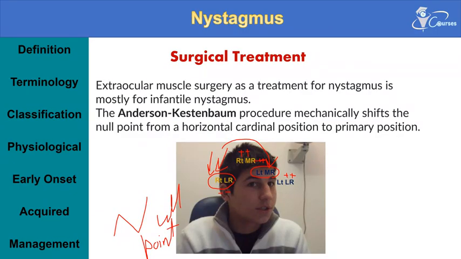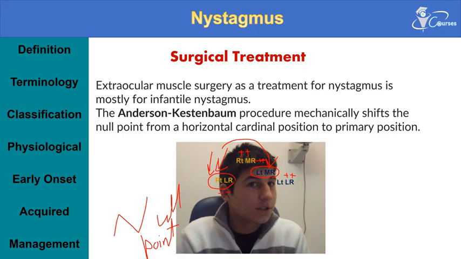This can be done by the Kestenbaum operation. It is based on the principle of recession and resection of the horizontal recti. So I will do recession of the right lateral rectus, causing its weakening, resection of the right medial rectus, recession of the left medial rectus, resection of the left lateral rectus.